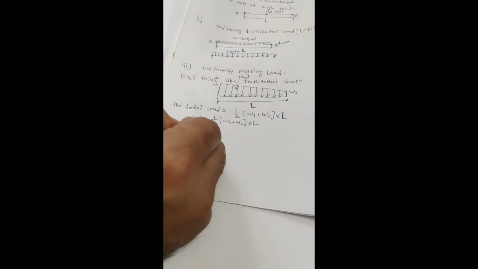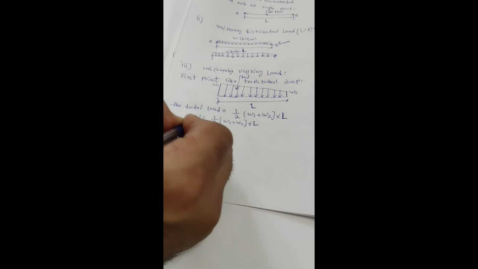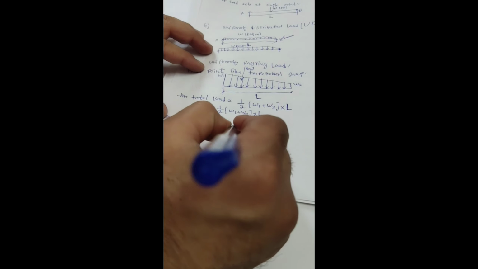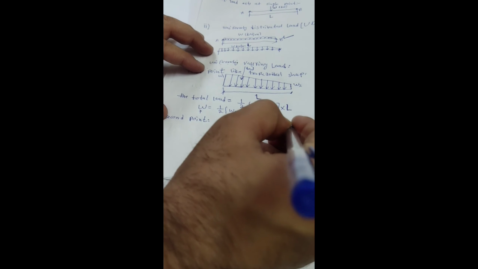And second, for the uniformly varying load, maybe it will be a triangle shape. Suppose I have this beam.